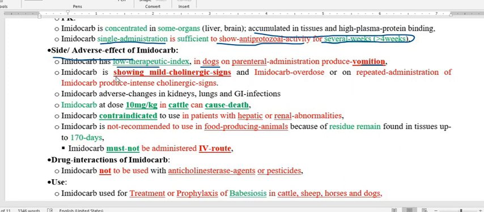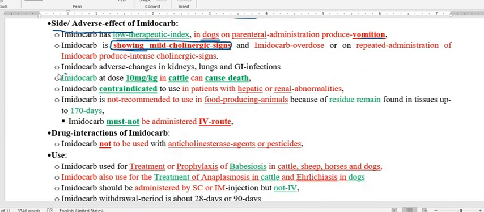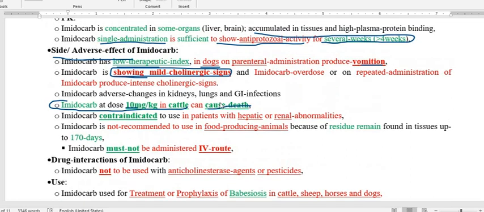Regarding side effects, because of its low therapeutic index, after administration in the dog it produces vomiting and also cholinergic signs. That is very important. One more important point about imidocarb is that when we administer it to cattle at a dose rate of 10 mg per kg, it may lead to death.